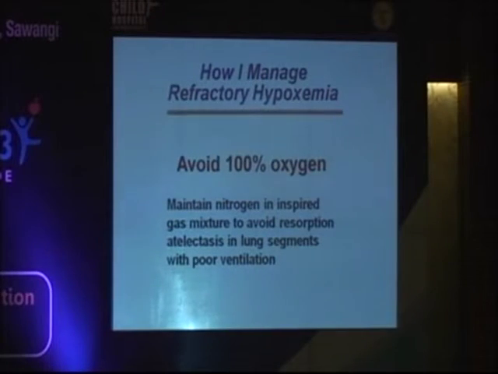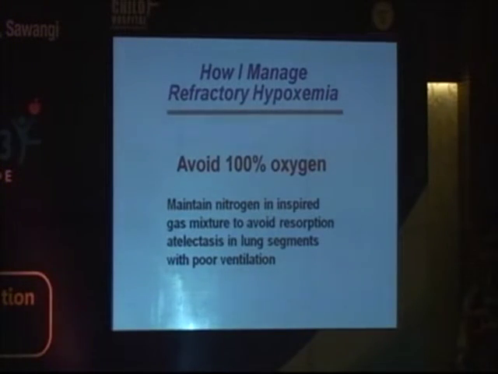I think this concept of resorption atelectasis is well known in neonatology. I think sometimes we forget about it in pediatrics. But if you have a lung unit that is poorly ventilated and you are giving 100% oxygen, that poorly ventilated alveolar unit will absorb the oxygen completely and become atelectatic.